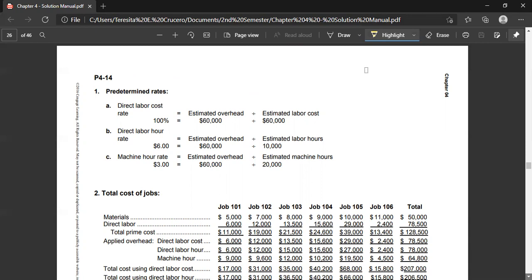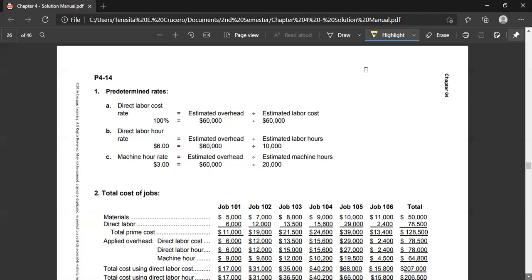So we get the rate of $6 per direct labor hour. Then for the machine hour rate, estimated overhead divided by the estimated machine hours of 20,000, so the machine hour rate is $3.